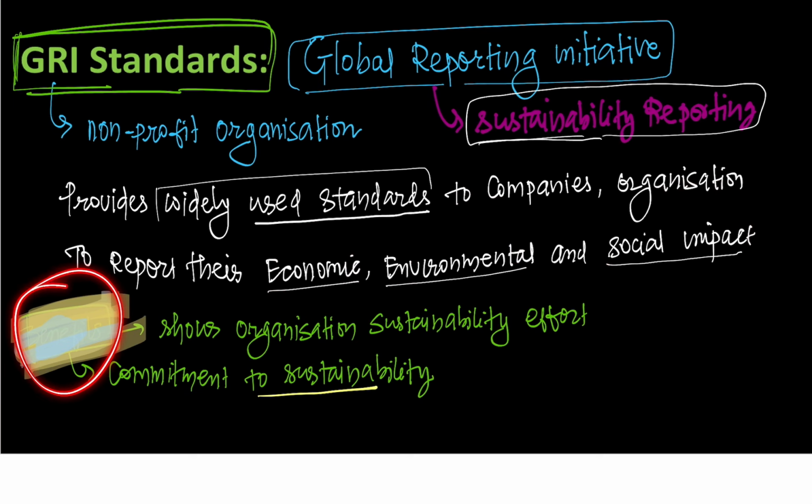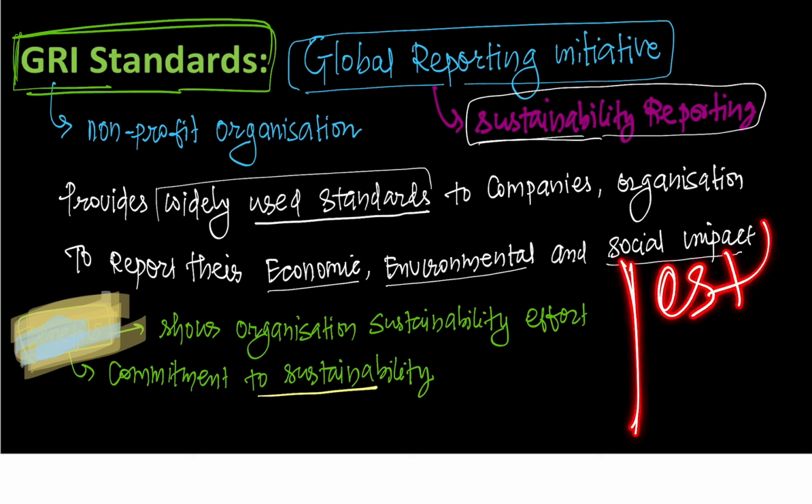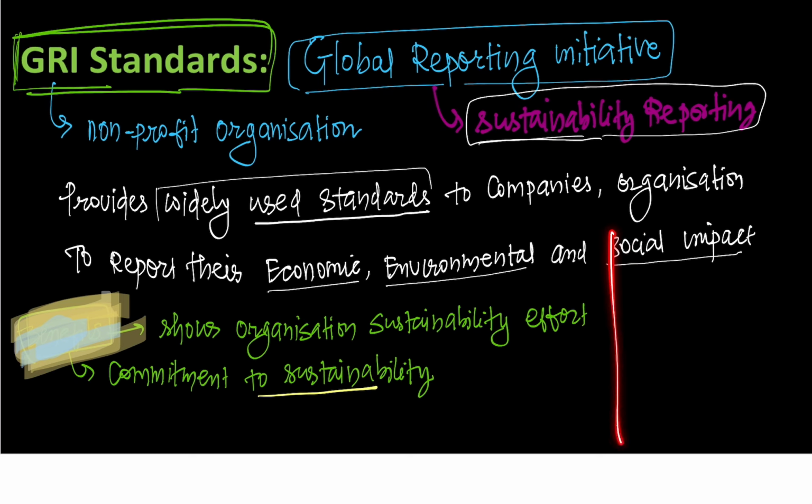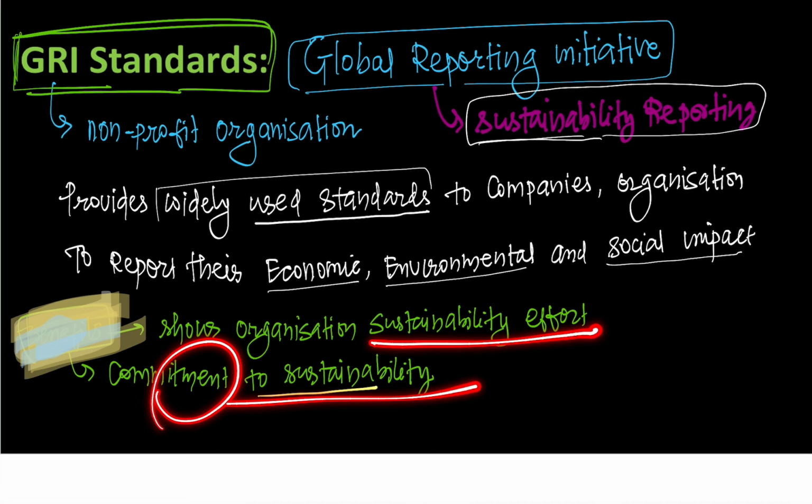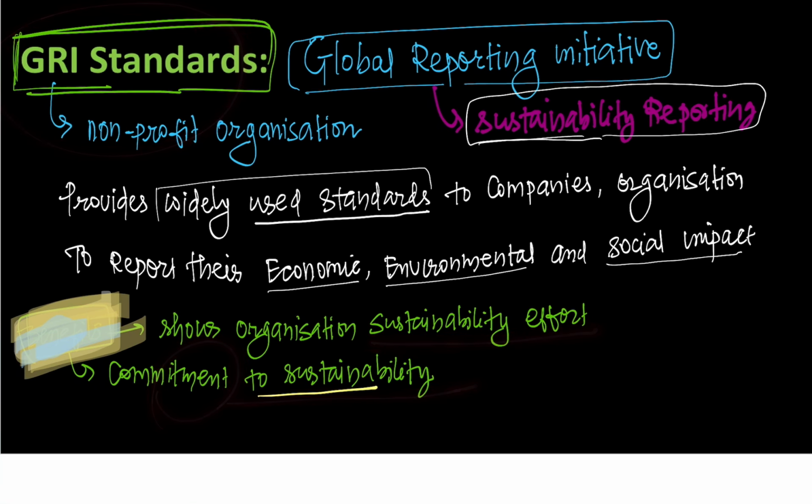Now why would companies report their economic, environmental or social impact? Because companies want to establish their credibility as a green company or a company that cares for the environment or society, right? It allows companies to show their sustainability effort, to show their commitment to sustainability. So these are the GRI standards, remember this.